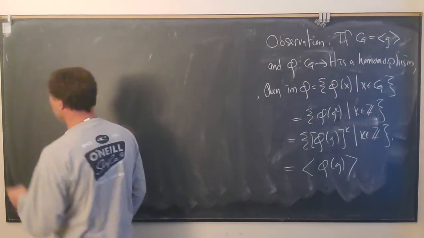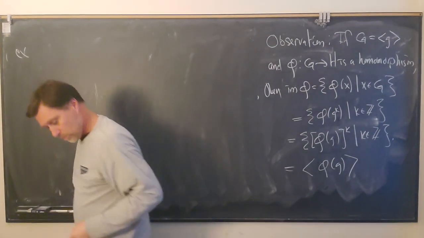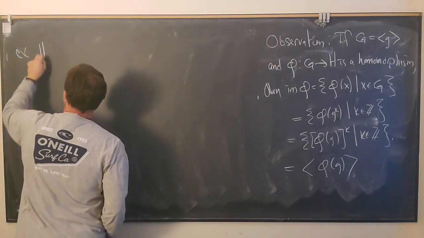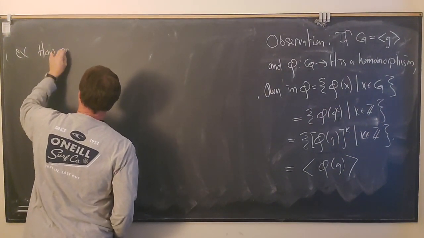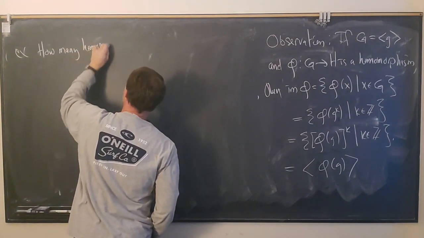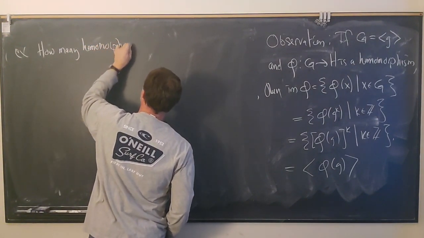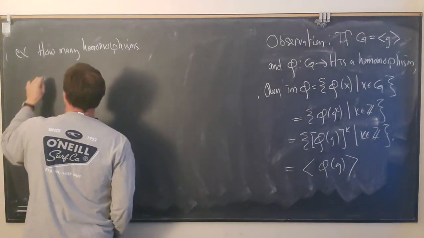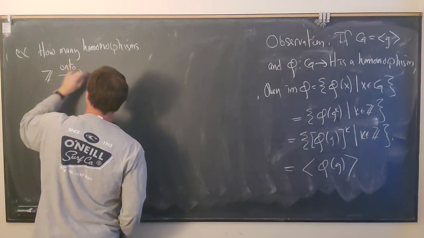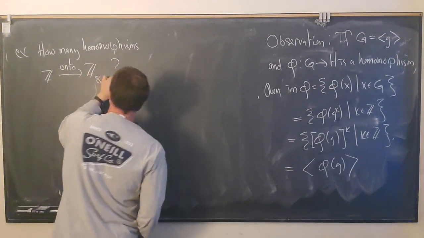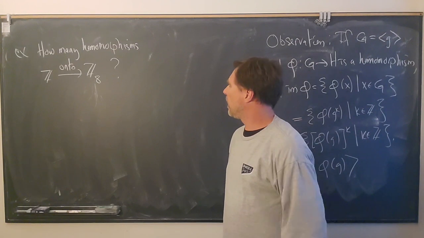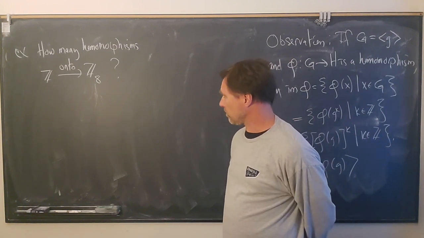So next example, let's ask this. How many homomorphisms from Z onto Z8? We know if we don't add that restriction onto, then the answer is 8.